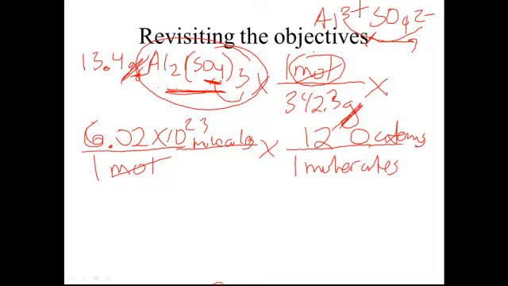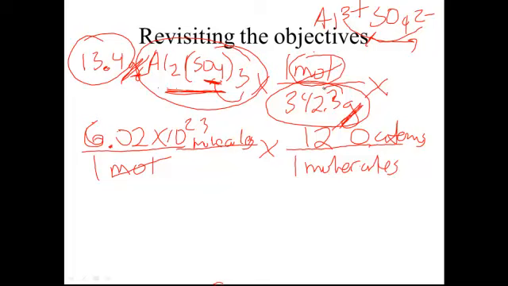So now to solve this problem, we take 13.4. So we're just starting with the first number that they give us. If a number's on the bottom, we're going to divide it. So divided by 342.3.